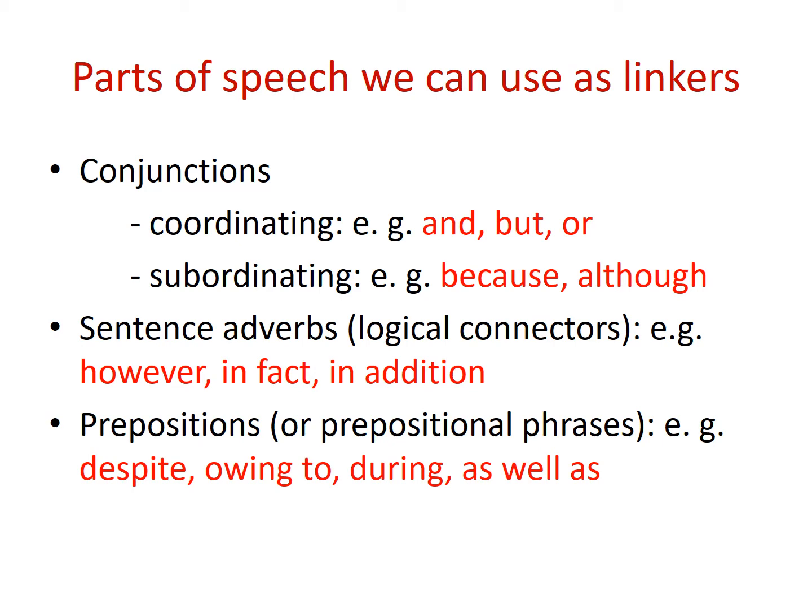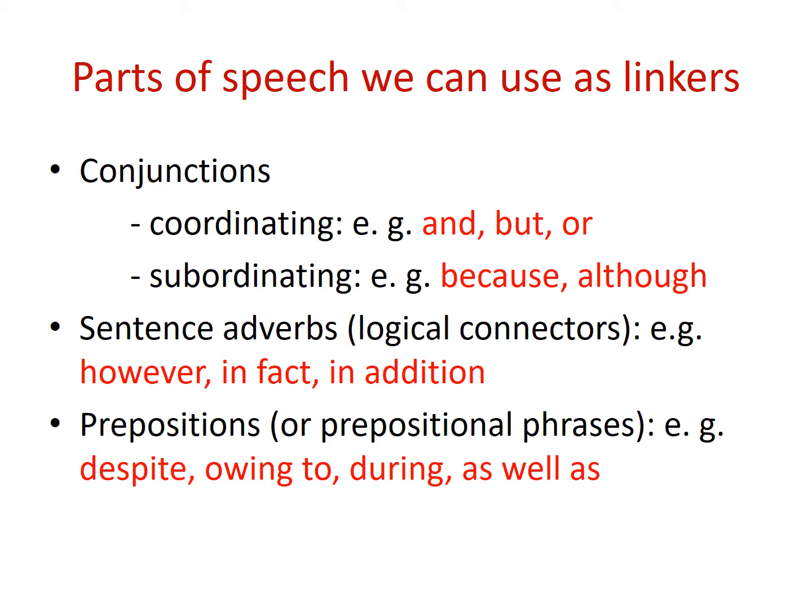Traditional grammar deals with some linkers under the heading of conjunctions. Conjunctions can be coordinating, such as and or but, and subordinating, such as although or because. However, they can be called within-sentence linkers, since their main function is to join clauses within a single sentence.